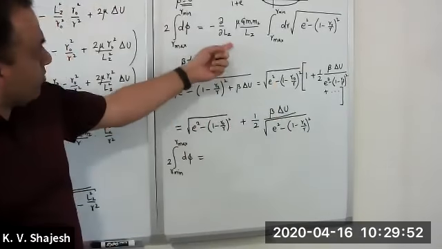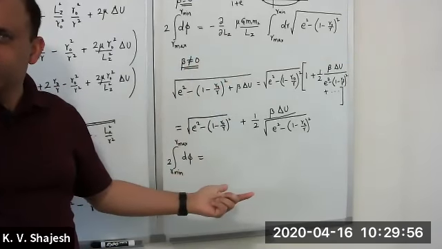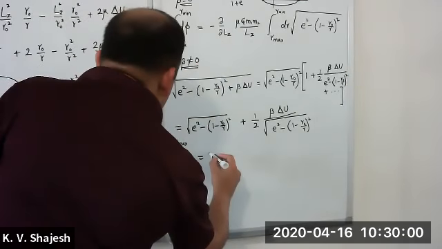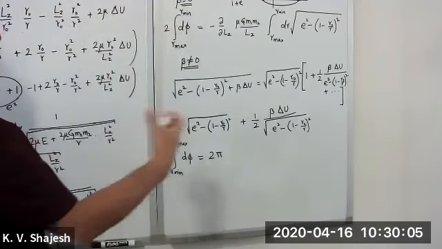This one, if I were to substitute into this, I know that that is 2 pi. Correct. So I will put that as 2 pi itself. That's my Kepler solution.